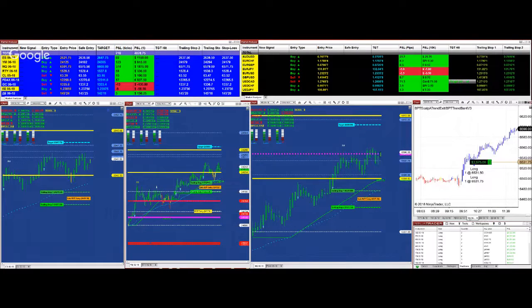Look at the Nasdaq, 2575 on the Nasdaq. Let's see. We have 719 ticks based on the last signal.